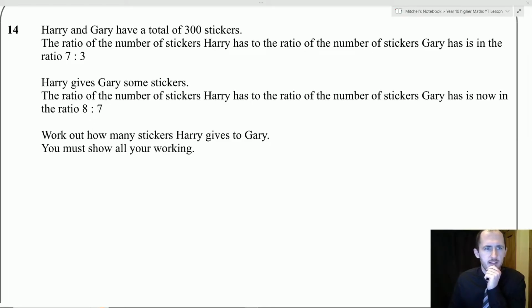Have a read of that and see if that's a bit more tricky. There's more words, so might be ever so slightly more tricky. I think this might be okay.